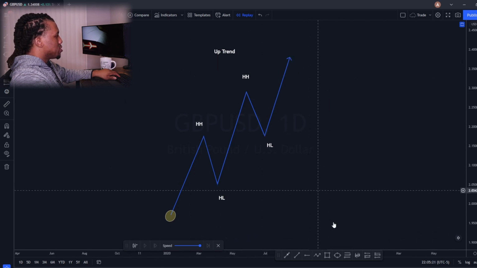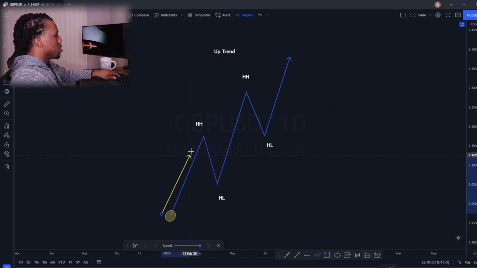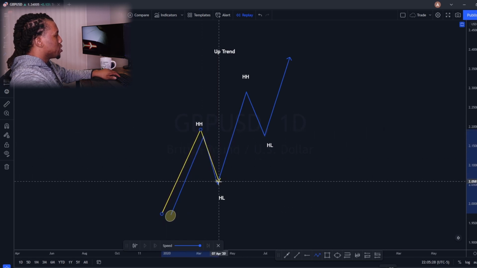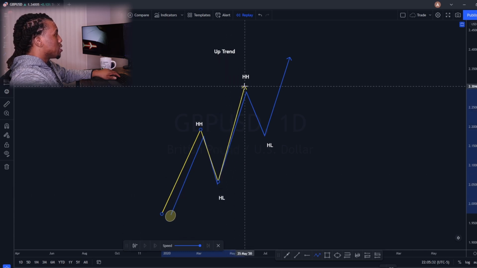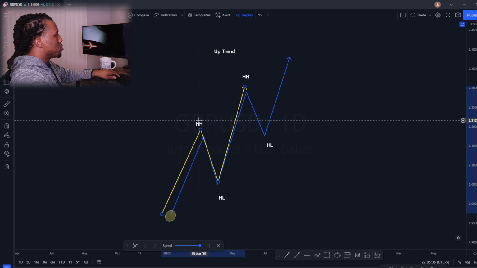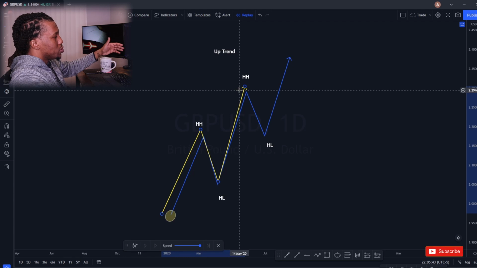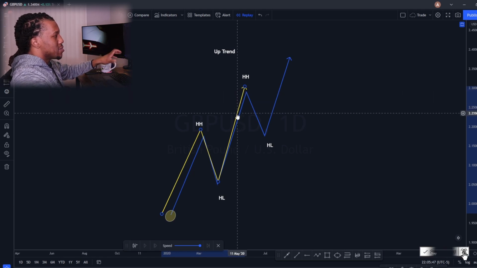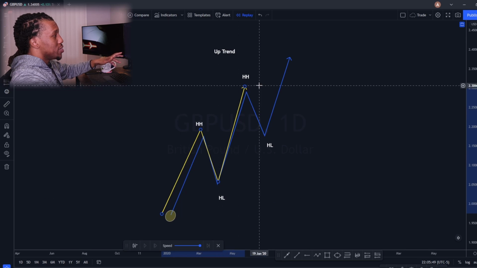And again, the three phases in here, we have our impulse up to the higher high, then a correction to our higher low, then a continuation up to our higher high. So impulse, correction, continuation. So that's our uptrend, where we identified our higher highs and higher lows, and in that, our impulse, correction, and continuation.